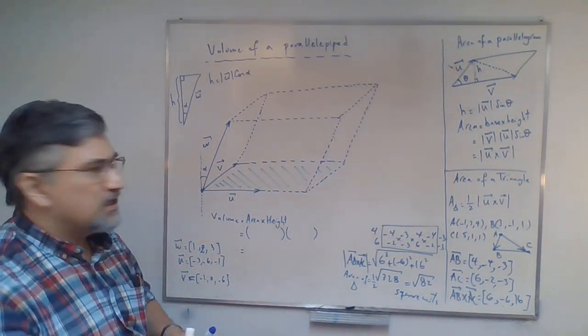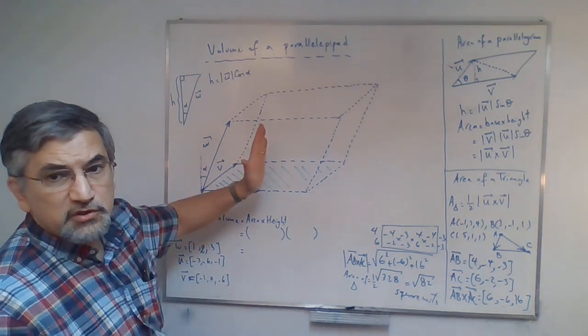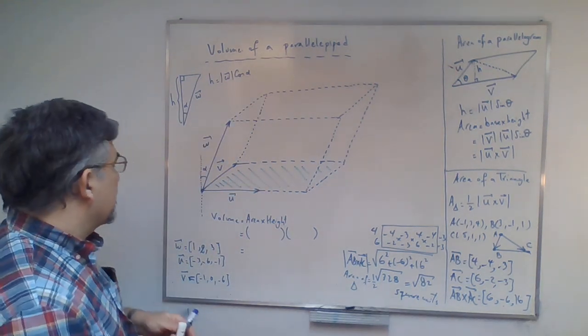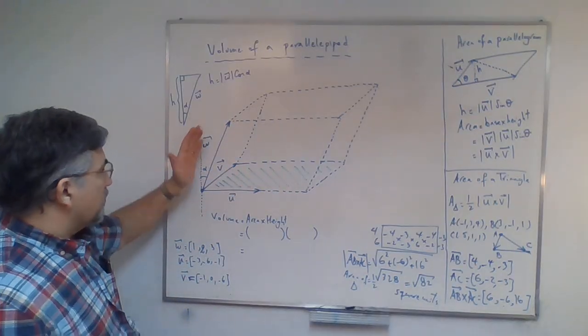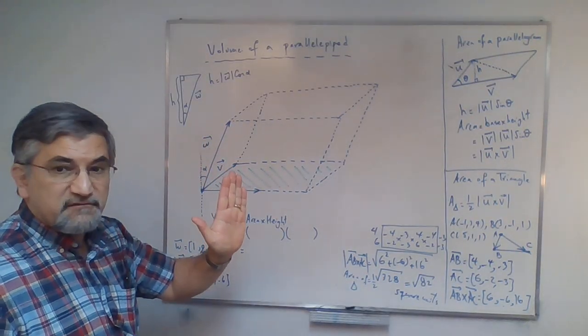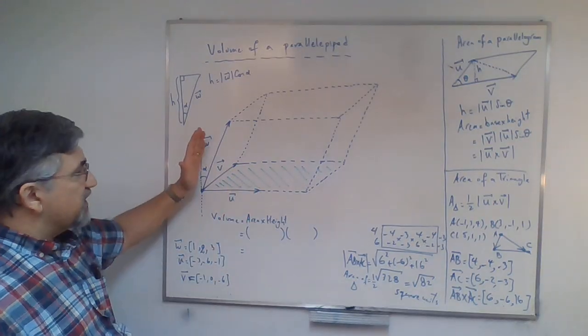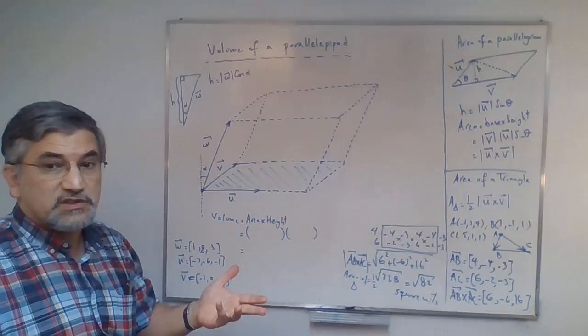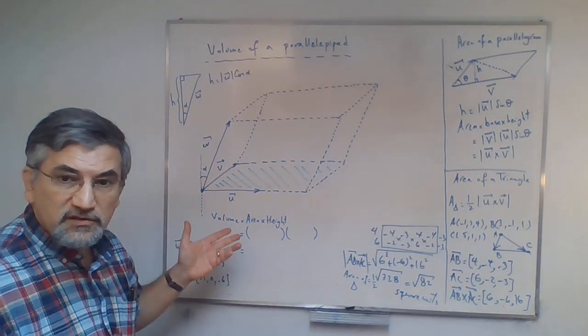Now all I need is the height, which is the perpendicular distance between the upper face and the lower face of the parallelepiped. And to find that, we know that this vector w is not completely vertical and straight. It is making an angle of alpha, let's say, with the vertical. Otherwise, it would be a rectangular prism, which it is not.